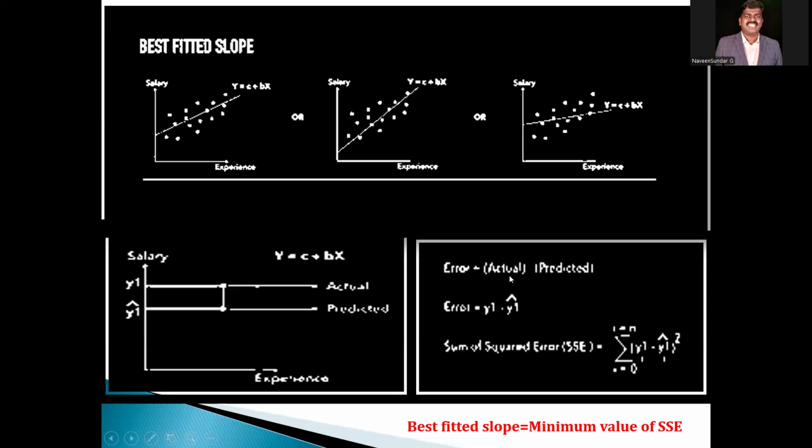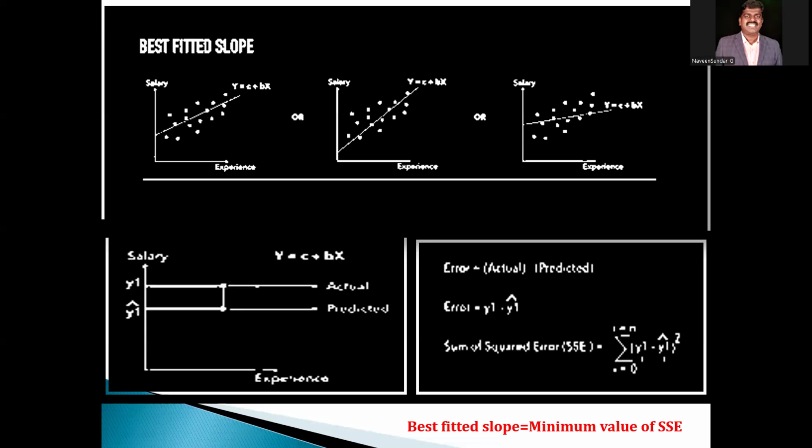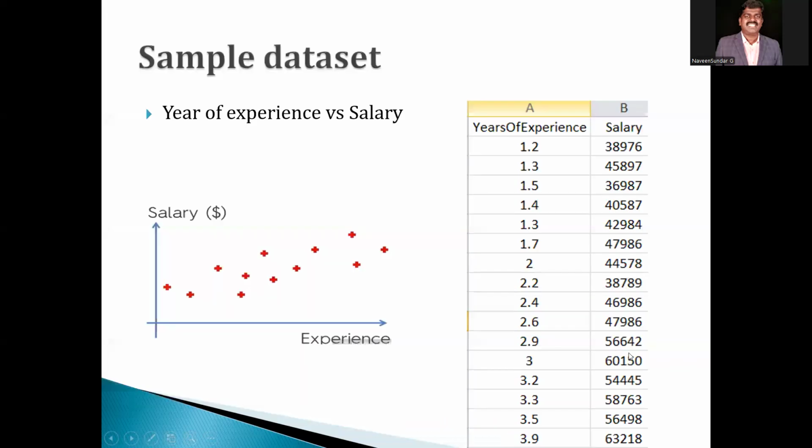Then how are we finding the error? We take y minus y bar, or yi bar, and that is how we find the sum of squared errors. That is y minus y bar the whole square, with sigma ranging from i equal to 0 to n.